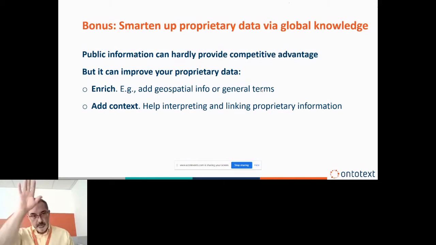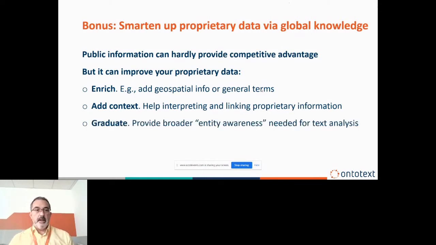So you have your database with your own customers, but you don't know whether there are some corporate relationships between your customers, whether one of them is a subsidiary of the other, and whether these two customers actually have a joint venture in your own field. So there are plenty of ways in which one can enrich and add context to its own data by taking public data.